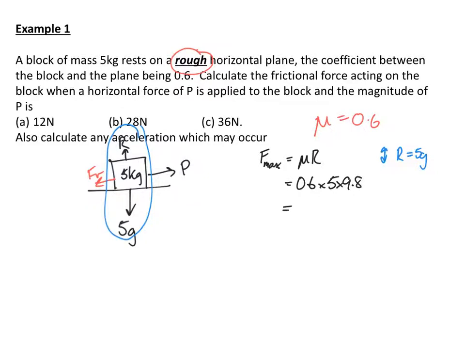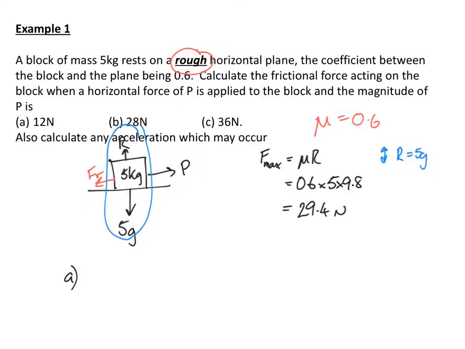And so the maximum value of friction is 29.4 newtons. That's the maximum value that friction can be. Now, in part A, the value of P is 12 newtons.